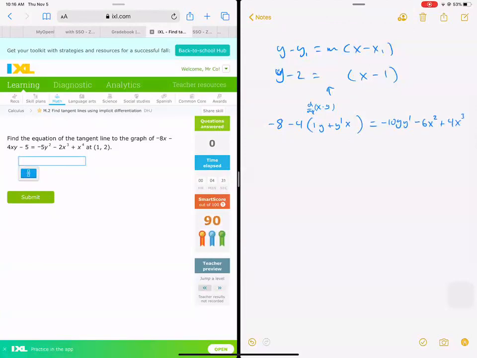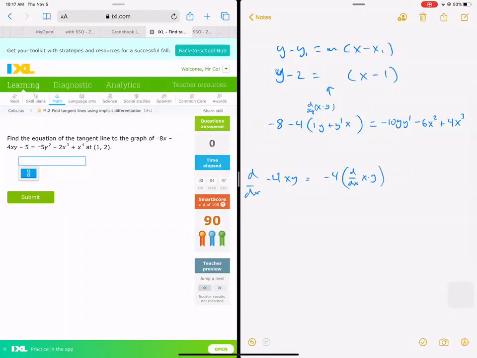Hopefully you guys are all okay with that. Hopefully I didn't make a mistake. Wait, why is it 1y, y1x? When you take the derivative of the 4xy, that's a negative, right? So I said this is just the negative 4 because it's a constant, and let's just take the derivative of xy.